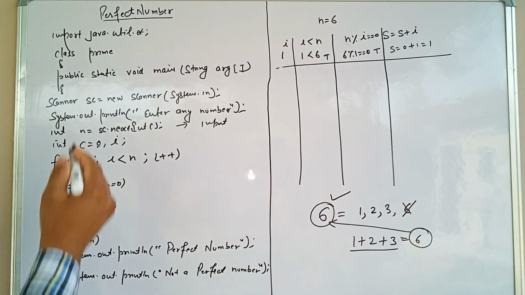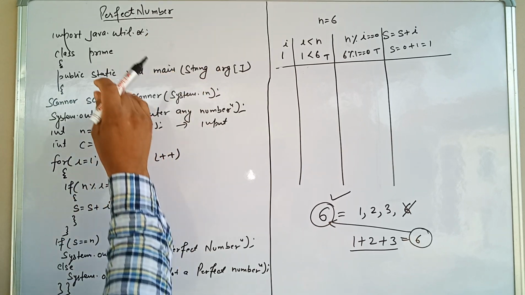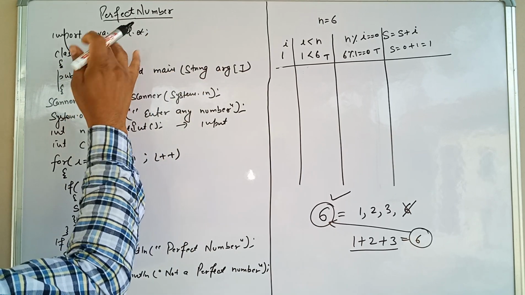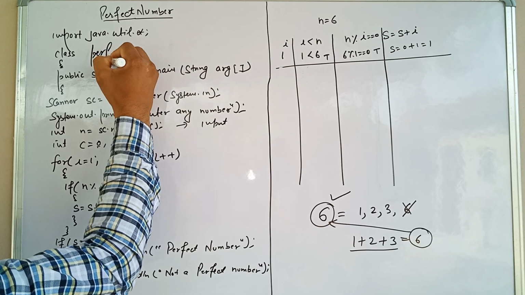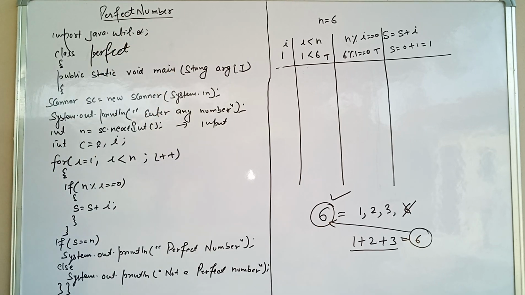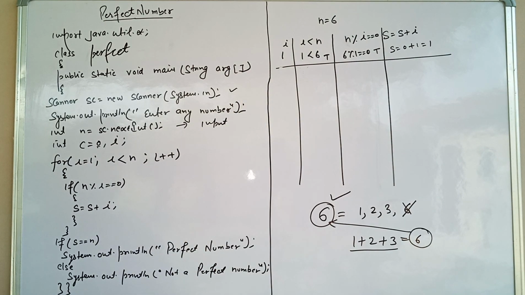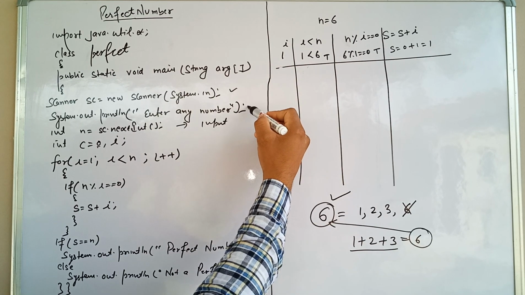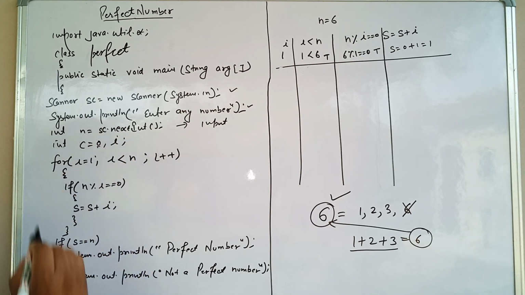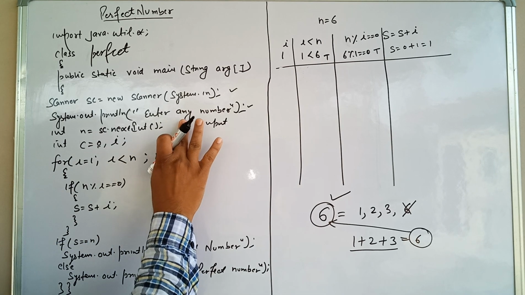You can see that I have declared a class. You can declare it as Perfect or any other class name. The main method I have written as it is. A Scanner class object I have created. This is just a message. Now in n I'm taking the input for a number.